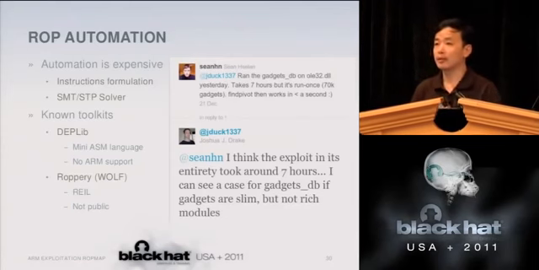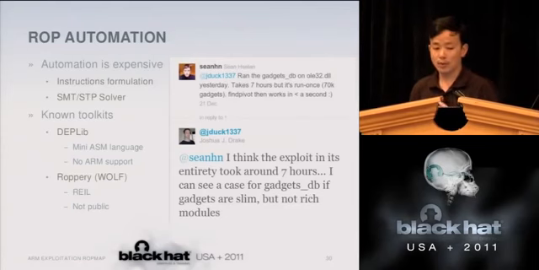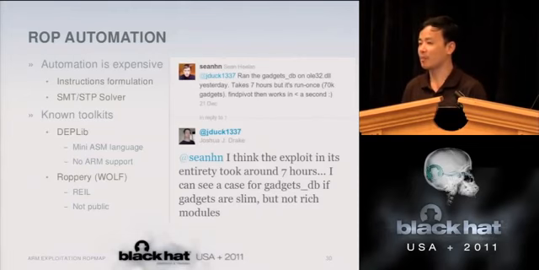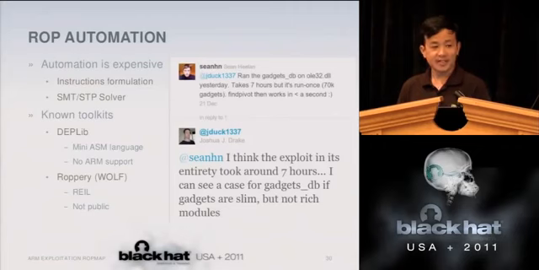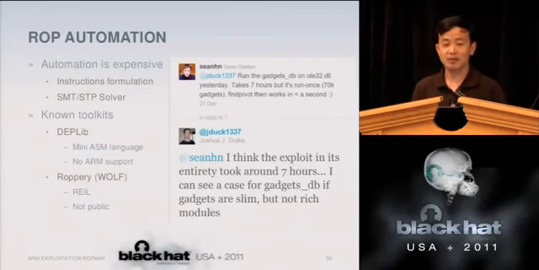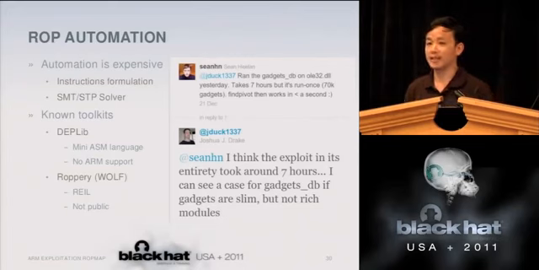In those toolkits, what they do is formulate every instruction into an expression and then evaluate it with an SMT or STP solver. This is very complicated, and frankly, I don't have any experience with solvers. If you remember the third slide, with that simple gadget, we can do automation with just simple gadgets and no solver.